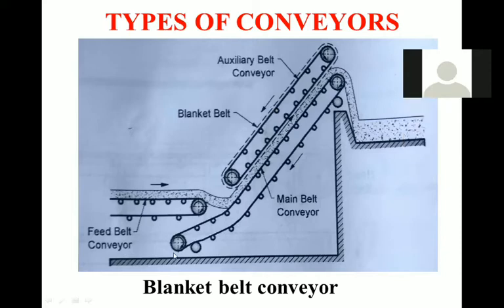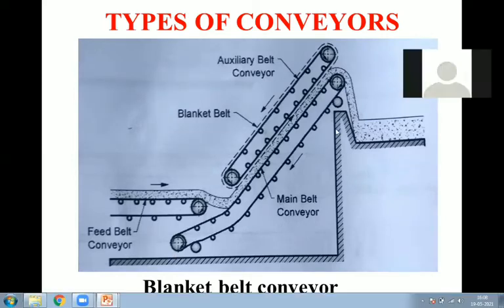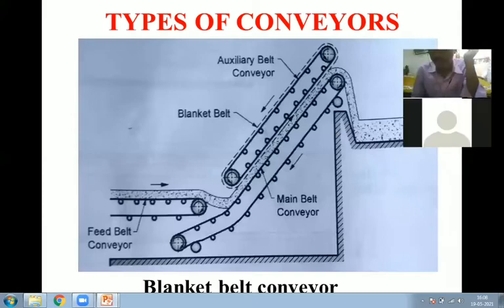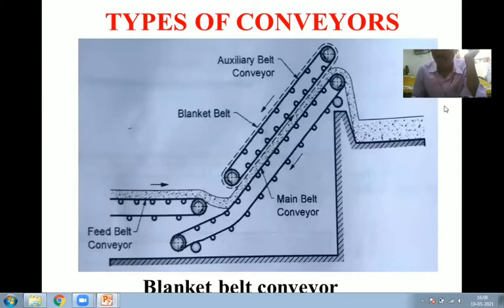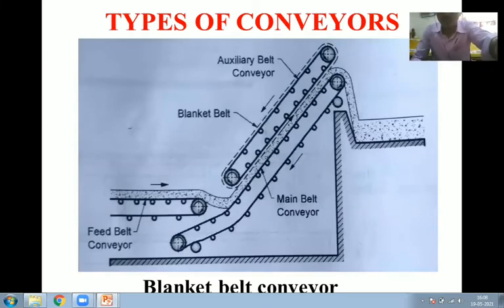where there is some inclination. If there is some inclination, the material tries to slip from the belt conveyor.